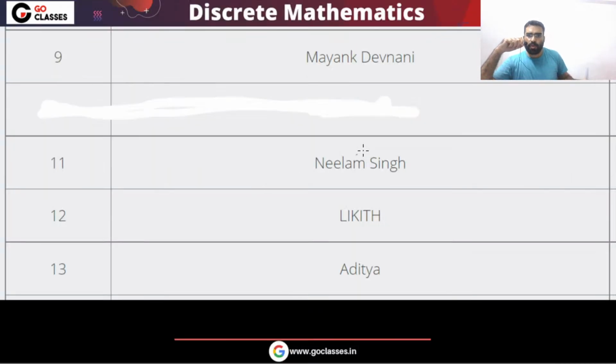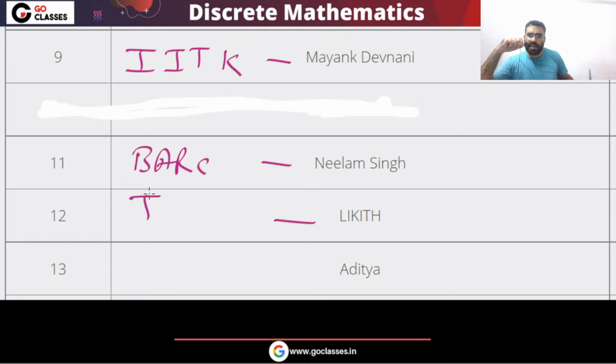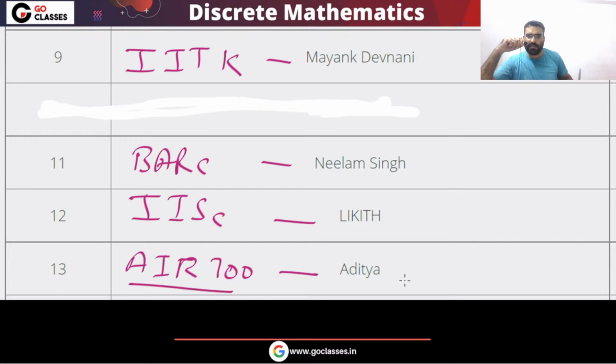And other toppers, Mayank is in IIT Kanpur. Neelam is in BARC. Likhit is in IISc. And Aditya got all India rank 700 and he is in final year, so he is still preparing, but he got all India rank 700.